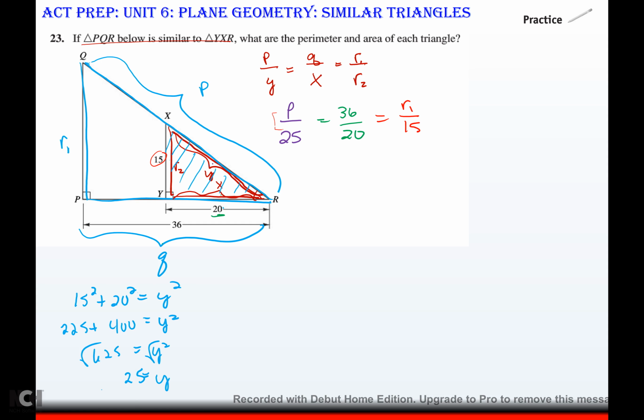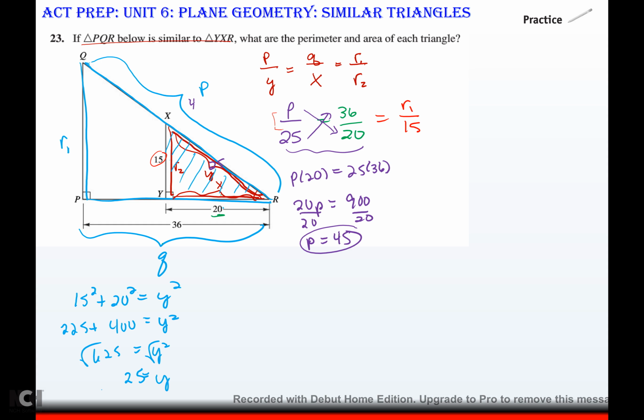And now it'll work. Okay, so if I want to find little p, I'm going to solve these two. So I'm going to do p times 20 equals 25 times 36. So this would give me 20p equals 900. Divide by 20, and I get p equals 45.